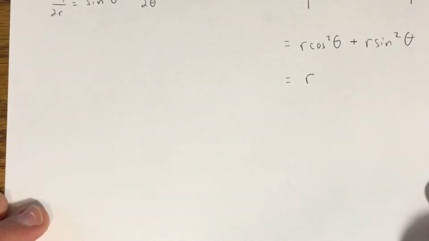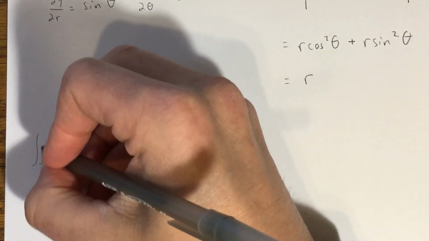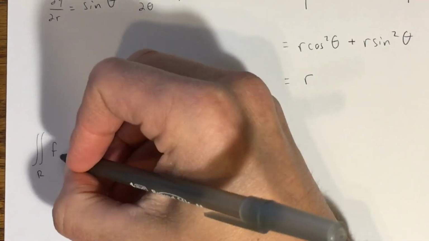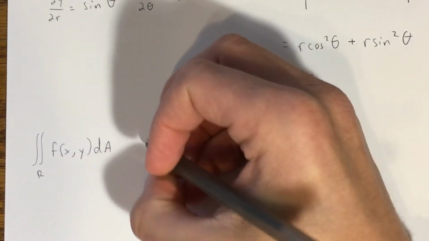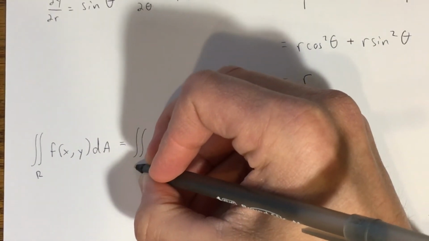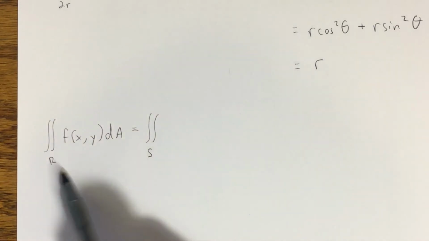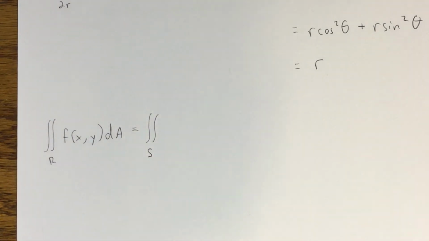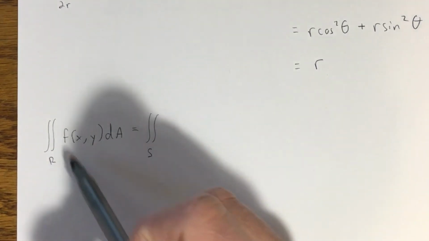If you think about how we evaluate a double integral over some region R of f of x, y, dA, and we want to evaluate that double integral in polar coordinates, over some region S which describes the same region but using polar coordinates instead of x's and y's, then I would make the appropriate variable substitutions.